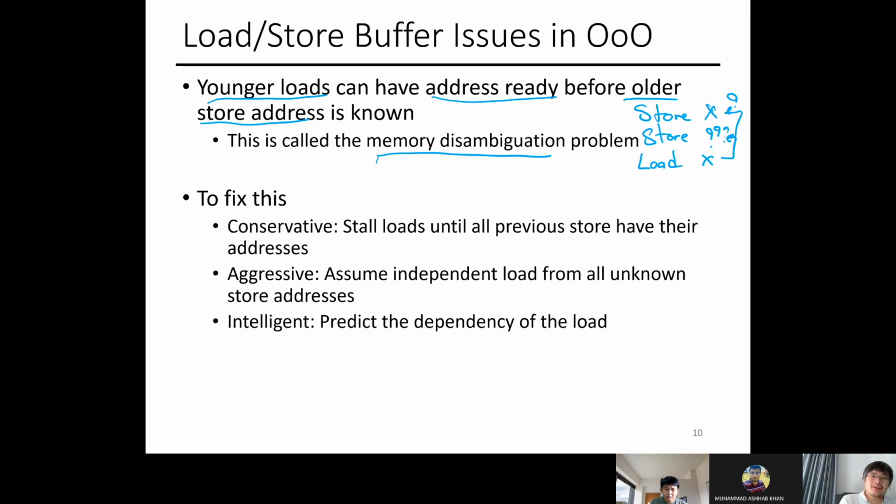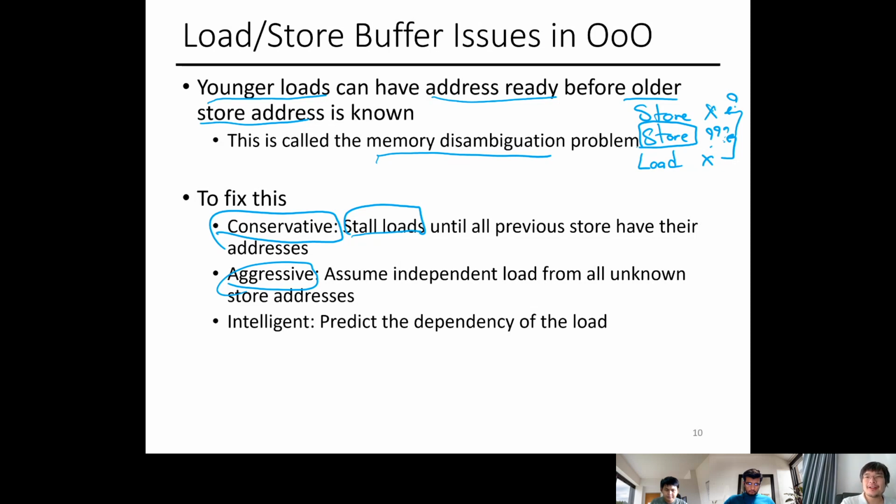To fix this, you can be super conservative. Assume that loads are dependent. So you're going to wait until this store has its own address, or the previous stores have their own addresses, and then you can forward the data, right? So this is a conservative solution. You can be aggressive. Assume that anything unknown is independent.